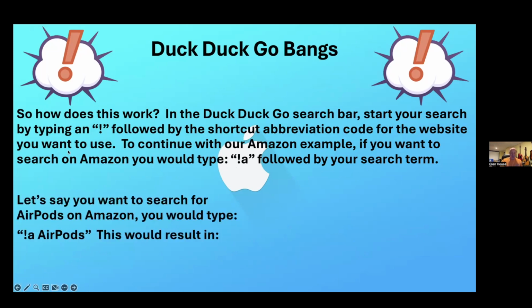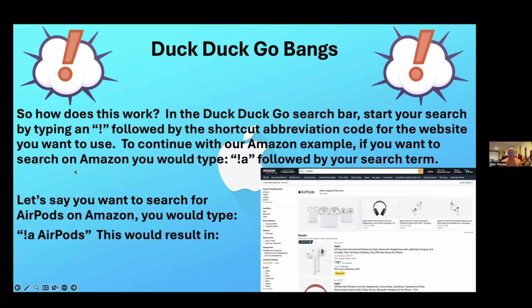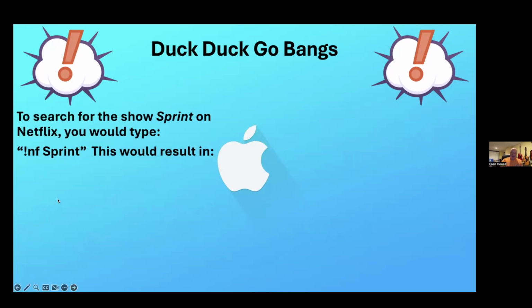So if I want to search for AirPods on Amazon, I type exclamation point A space AirPods, and the result I got was this page of AirPods on Amazon. Then I can select which AirPods I want. Now, the one downside to this, before I do that: if you want to search something on Netflix, it's exclamation point NF.